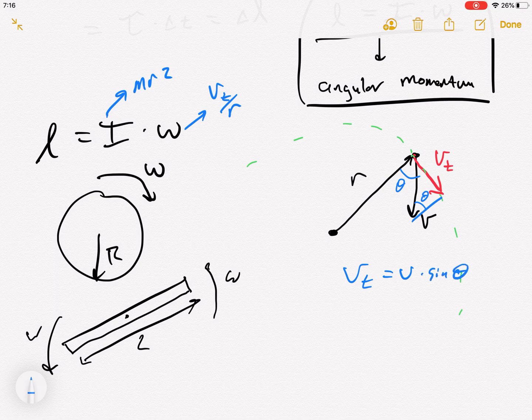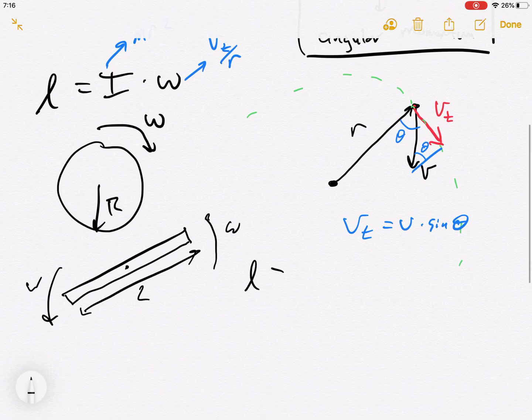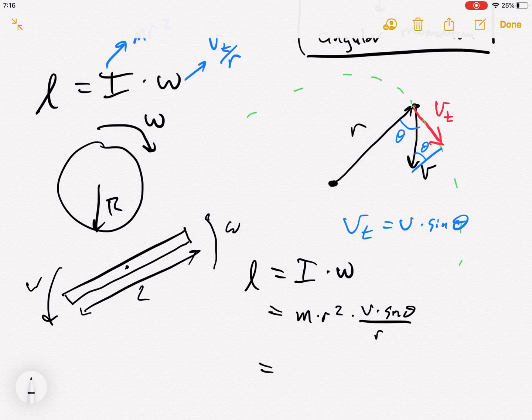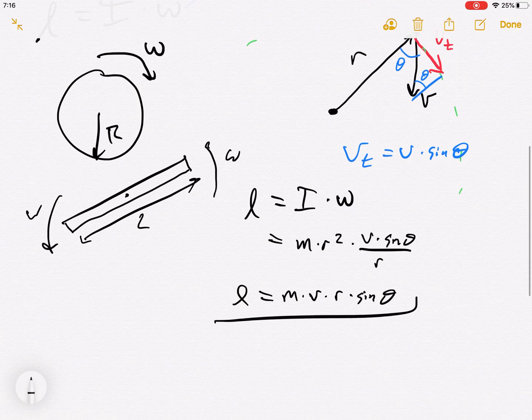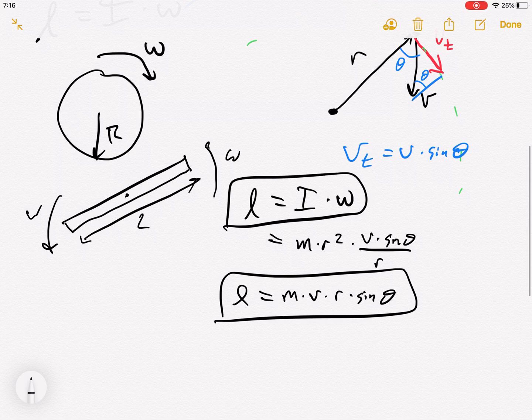So the other way I can define angular momentum for a point mass: I said I was mr squared, and omega is v tangential over r, which is v sine theta over r, which gives me mvr sine theta. So I've got that definition and this definition. They're both true, they're just useful in different cases.